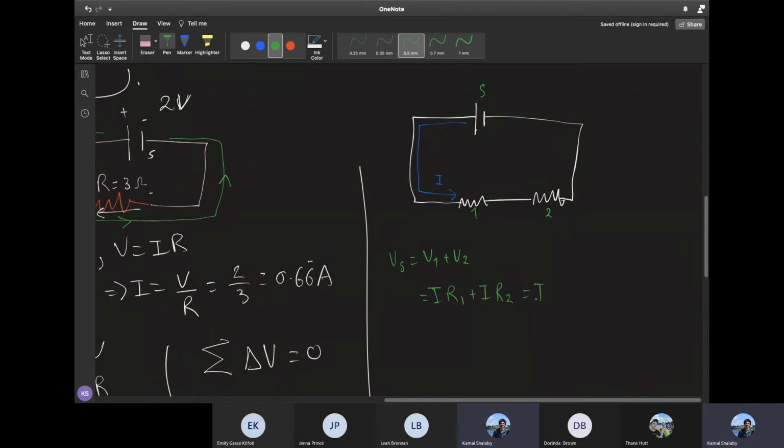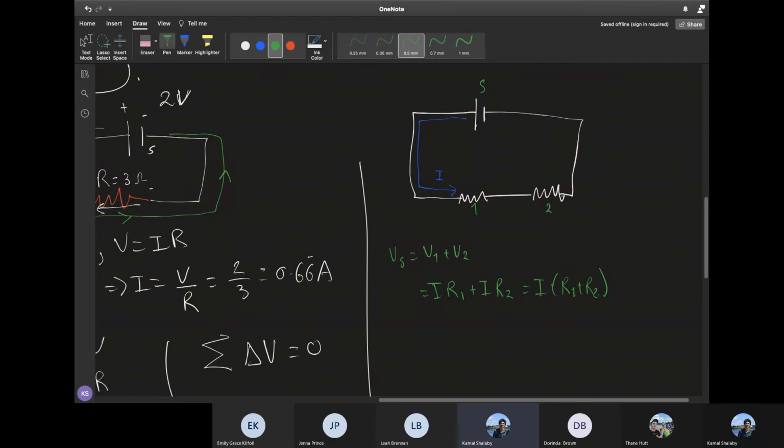So that would equal I multiplied by the sum of R1 and R2. So simply, if you want to know what this VS is equal to, you can say it's the sum of V1 and V2.